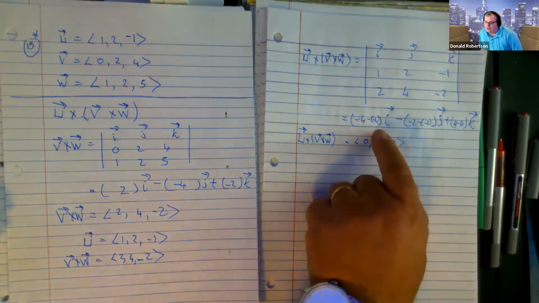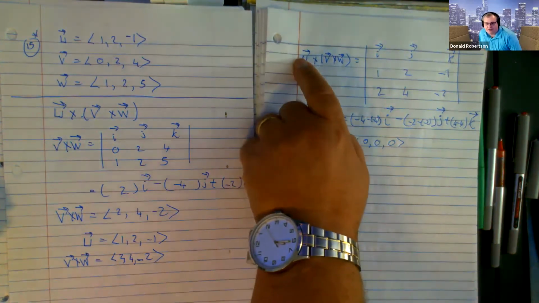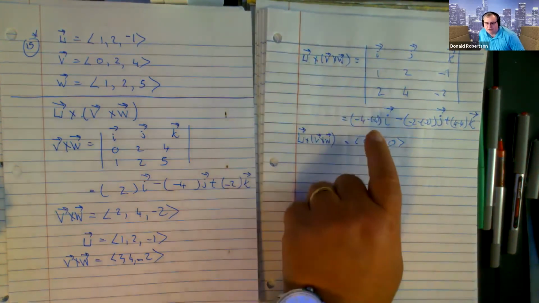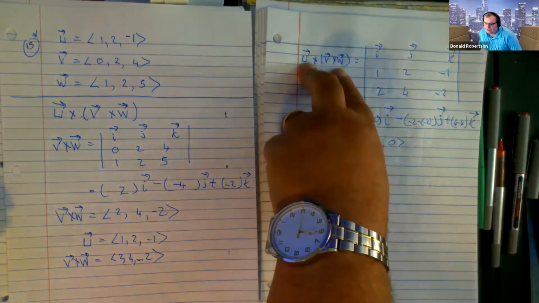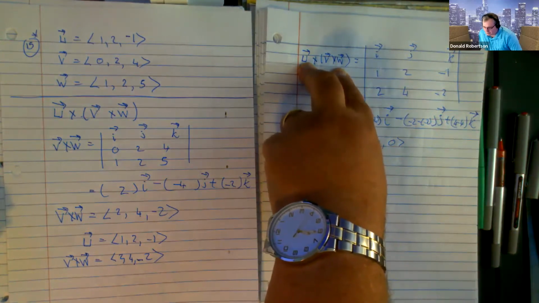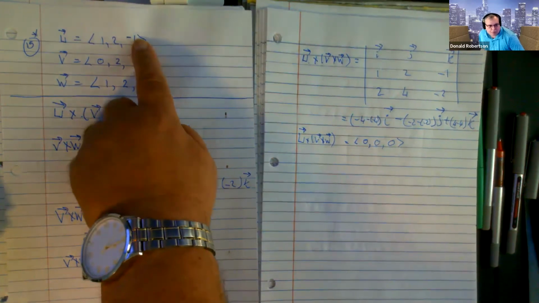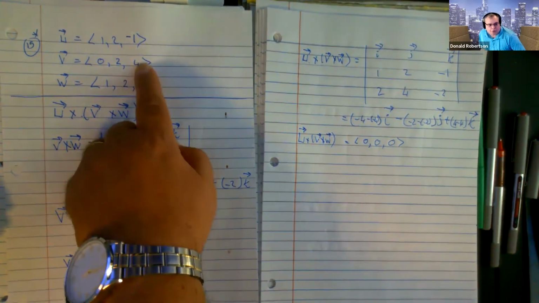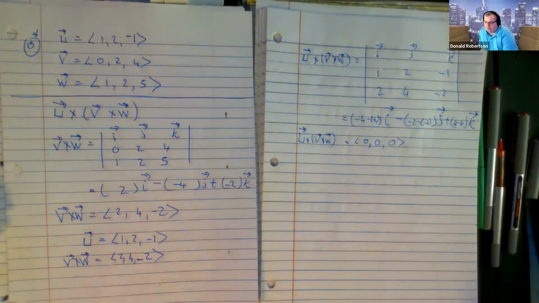And that's why this 0, 0, 0 happened. I can tell by the fact that this guy crossing that guy is 0, that these two vectors, because their cross product is 0, are parallel to each other. So evidently the vector u is parallel to the orthogonal vector to these two. That was just a fluke of numbers.